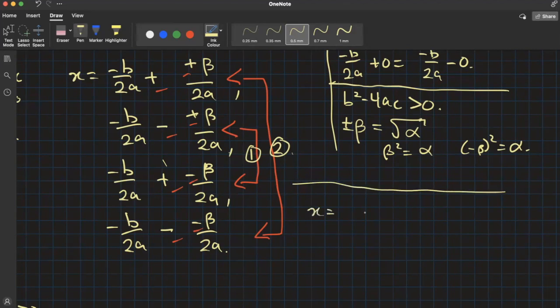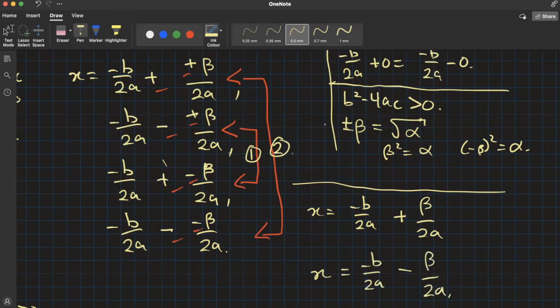So x is negative b on 2a plus beta on 2a, and x is also equal to negative b on 2a minus beta on 2a. So what we're going to have is a number, the same on both solutions, plus another number. And this, remember, is definitely not 0 because we've established that b squared minus 4ac is greater than 0.